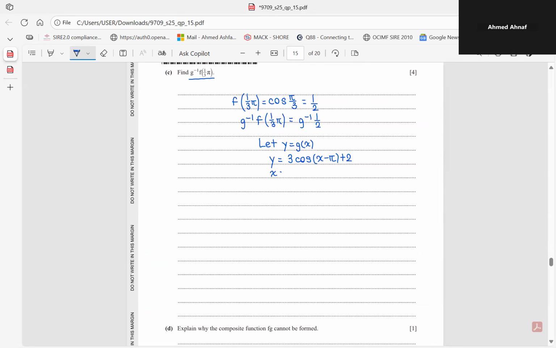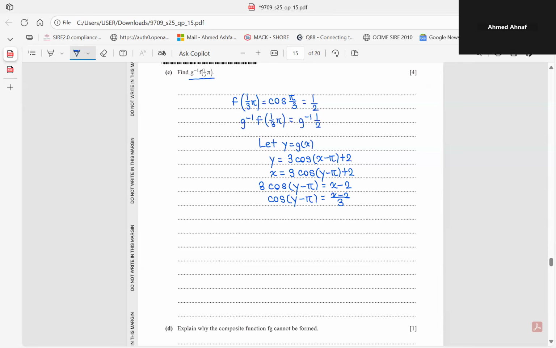So this is going to be x equals 3 cos(y minus pi) plus 2. Now we're going to let y be the subject. So this is going to be 3 cos(y minus pi) equals x minus 2. So it'd be cos(y minus pi) equals (x minus 2) over 3.